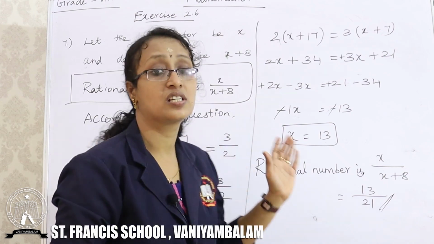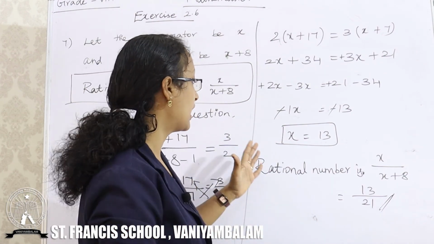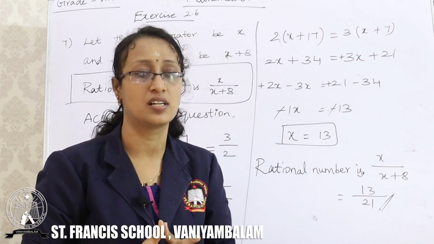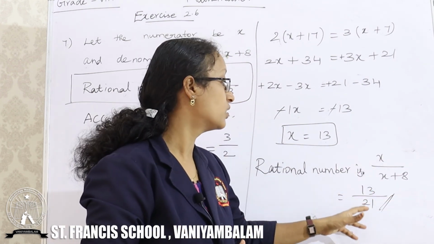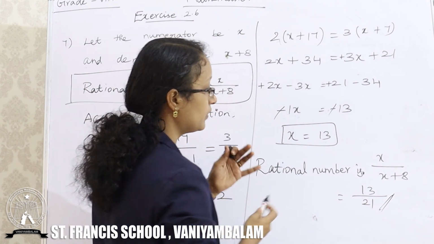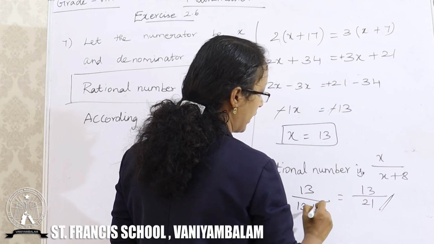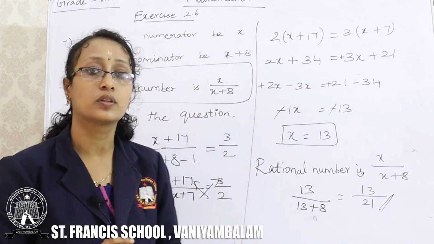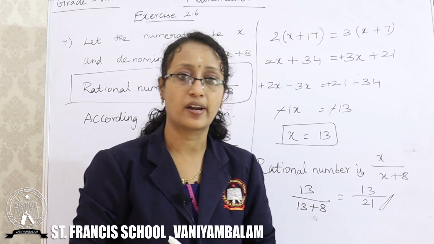Our aim is to find the rational number. So rational number is x by x plus 8. So 13 by 13 plus 8 is 21. So 13 by 21 is your rational number, P by Q, right?